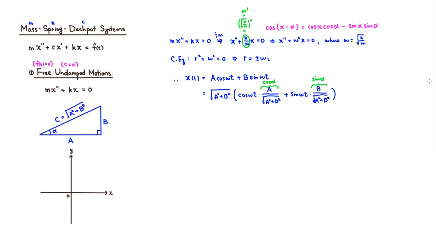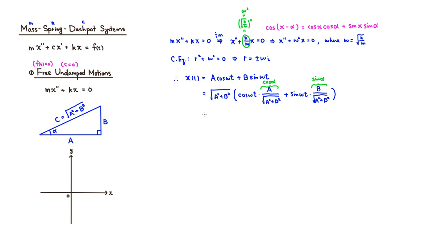If you remember this trig identity, cosine of x minus alpha is cosine of x times cosine of alpha plus sine of x times sine of alpha. Oh, I messed it up, that's going to be a plus. So this actually fits exactly the form.